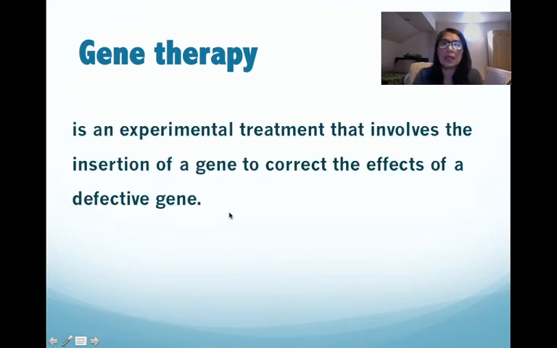Gene therapy is an experimental treatment that will involve insertion of a gene to correct the effects of a defective gene. So this kind of treatment is now to correct whatever genes are not functioning well in our bodies.